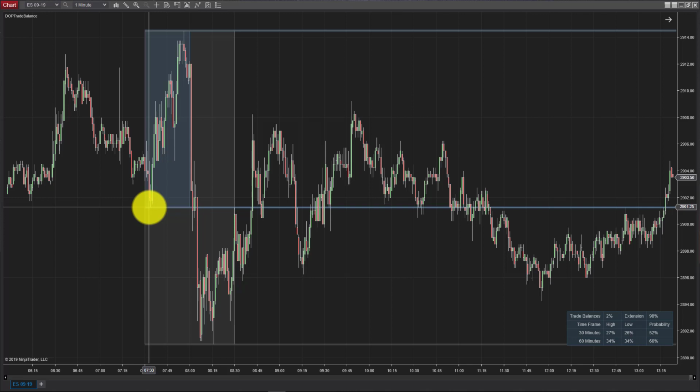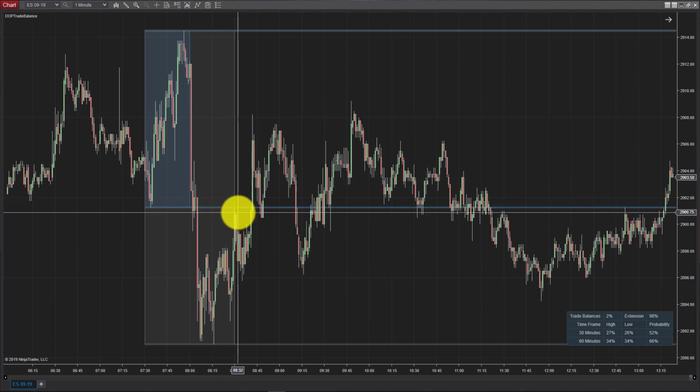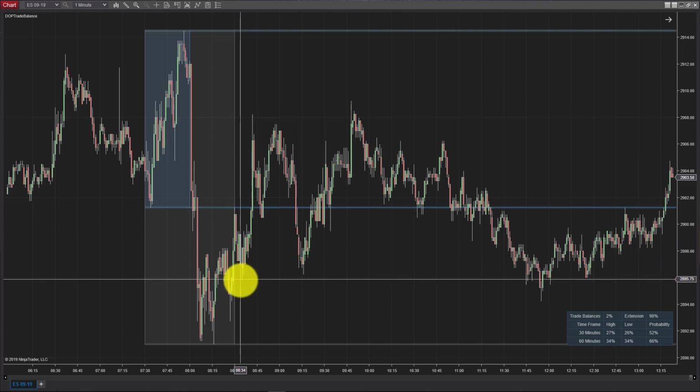By the way, this is the ES. We clearly had a very strong break, and we clearly rose to the tick to 2901.25, and we peaked on that rundown at 5.75. Okay, so 5.5 points of movement, you should have been able to get some of that.